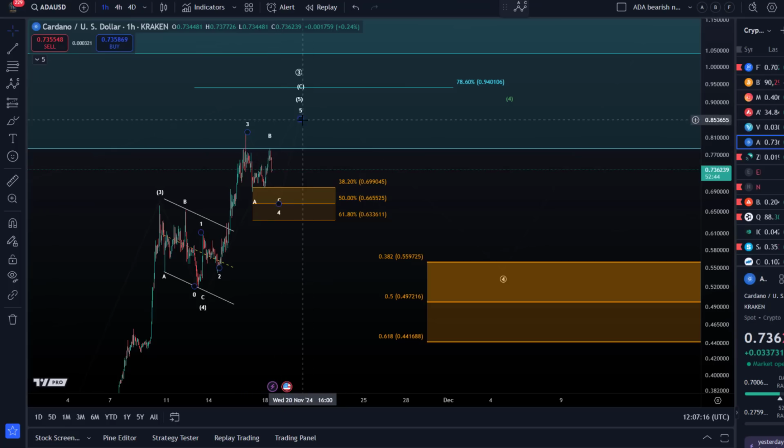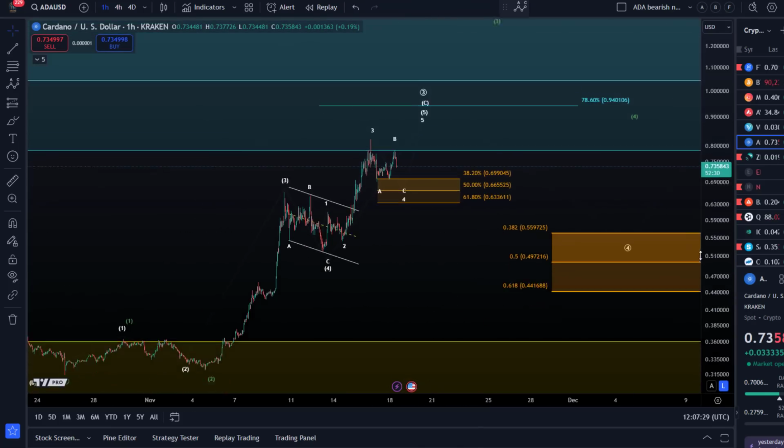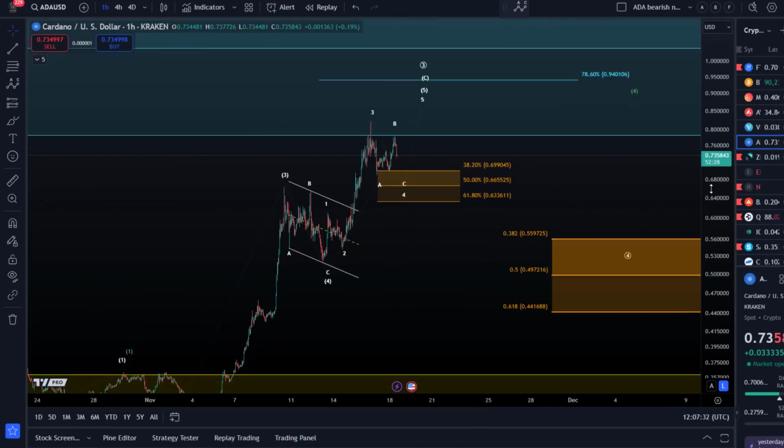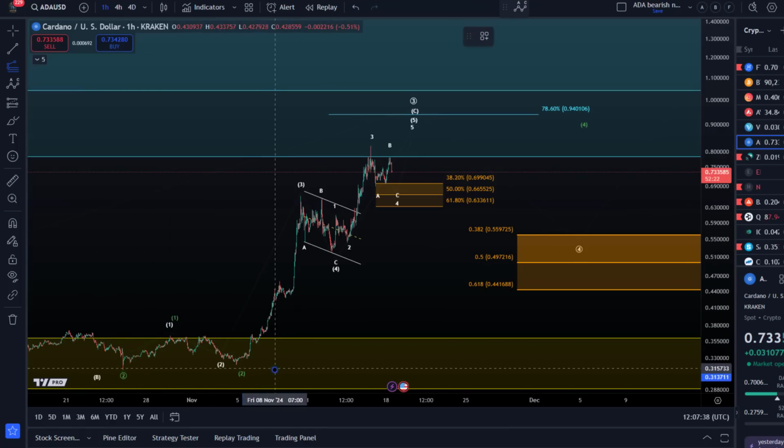If we get one more high, minimum expectations are a break above 82 cents. That's the minimum expectation for the wave 5 anyway. It would be ideal for the price to get to 94 cents. We'll see if we get there, because that's an ideal target here for this 5th wave up, but it's not an absolute must. A different possible target, but again, it's just on the micro level.